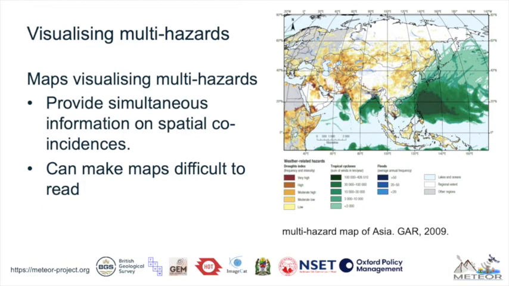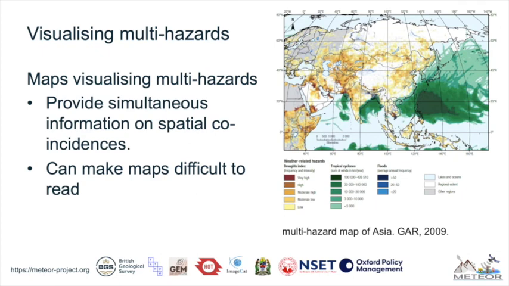In contrast, maps that visualize multiple hazards or risk at once provide simultaneous information about hazard patterns and the spatial coincidence of these. This can make figures busy and difficult to read, especially where hazards overlap. One way around this is to use an approach that divides hazards into type classes.